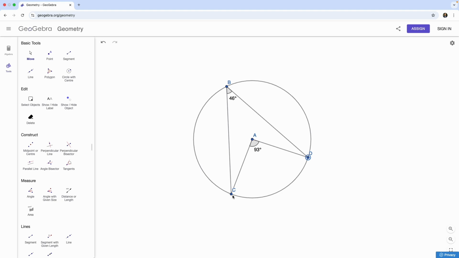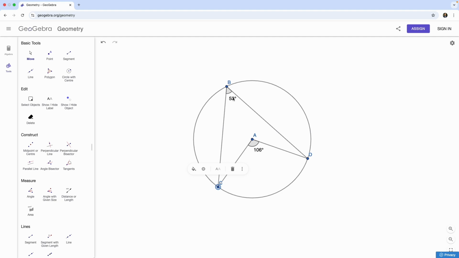So we need to try a few points, and we can see that when this is 50, the angle at the center would be 100. When we've got 53, the angle at the center would be 106. So how do you think these are connected? So the angle at the center is double the angle at the circumference.